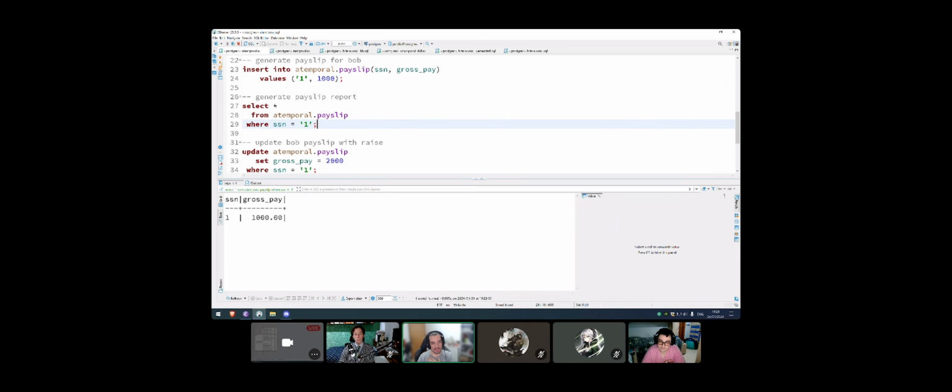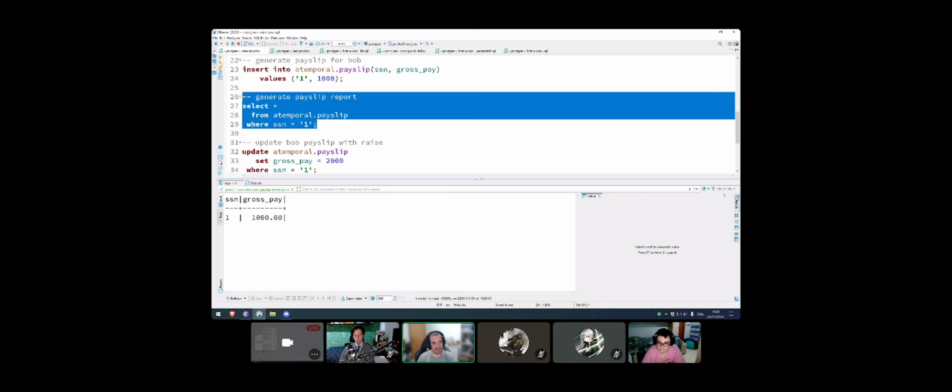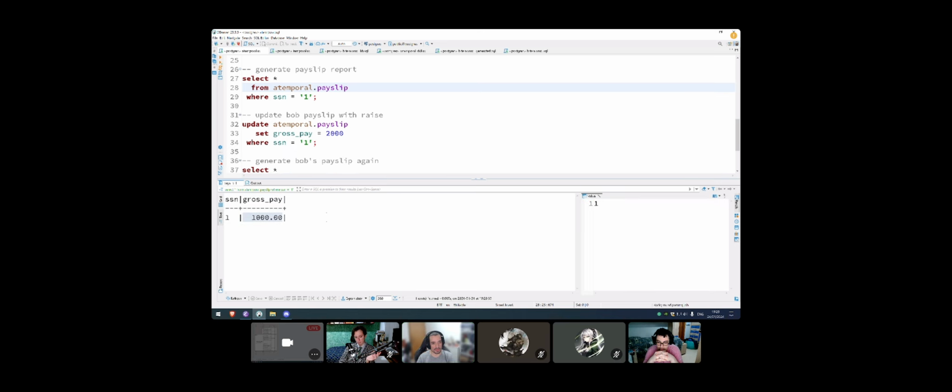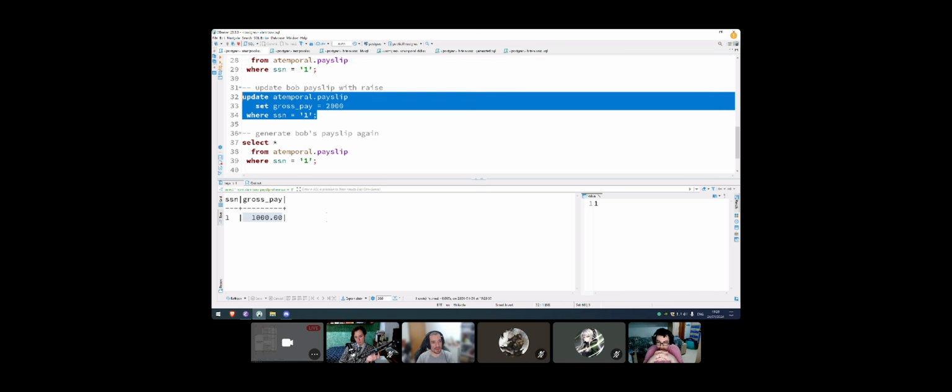If we are about to generate it in PDF or other format, we will basically do a select, right? And here it is. His gross pay is $1,000 or whatever.